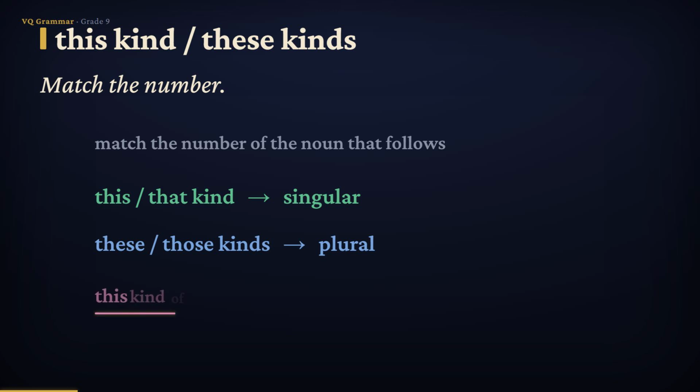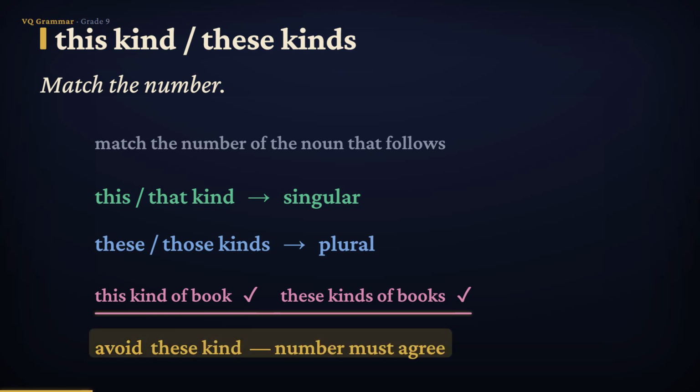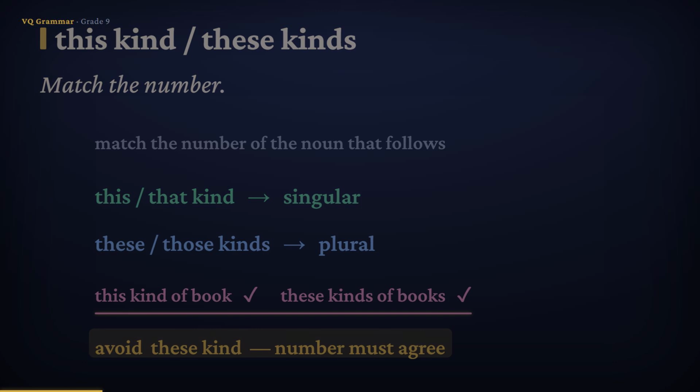So you'd write this kind of book with both singular, or these kinds of books with both plural. What you want to avoid is the mismatch, saying these kind, a plural pointer stuck onto a singular kind. Keep the number the same on both sides, and you'll always be right.